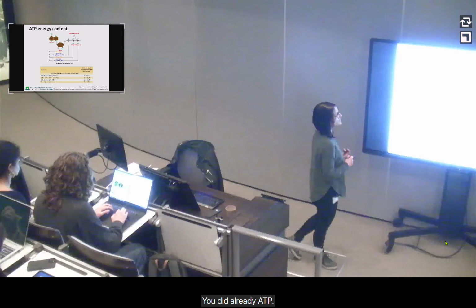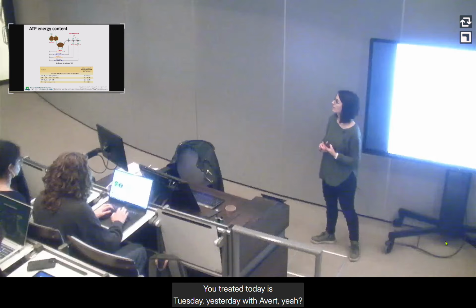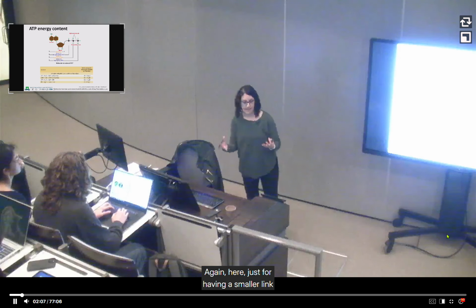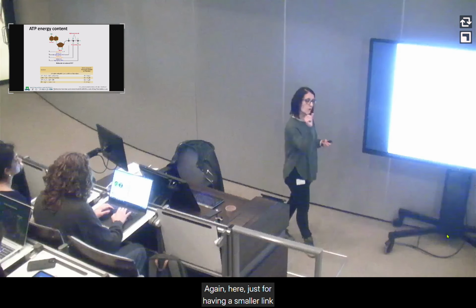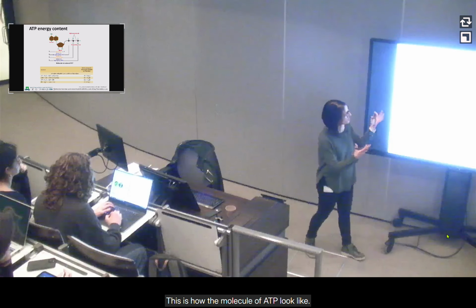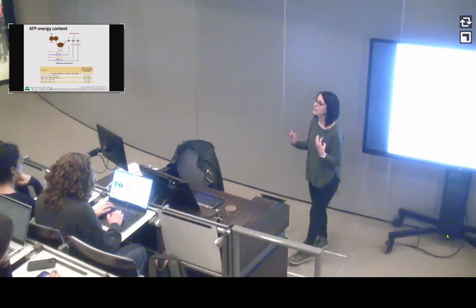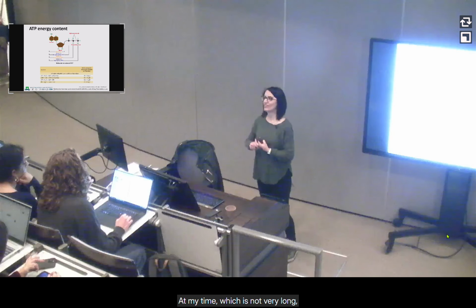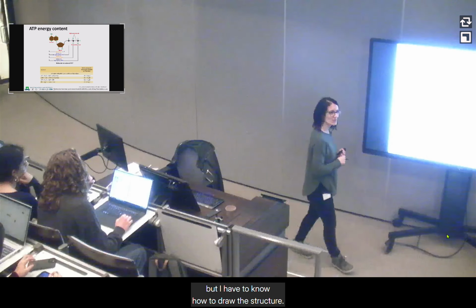You did ATP already. You treated it yesterday with Evert, yeah? Again here, just for having a small link with the last topic of yesterday, we have a recap. This is how the molecule of ATP looks like. You don't have to know it, you don't have to draw it. At my time, which is not very long ago, I had to know how to draw this structure.